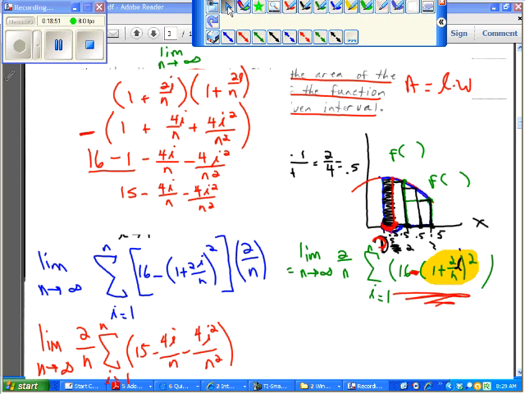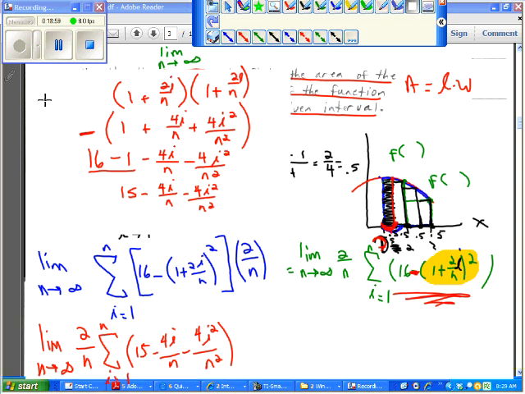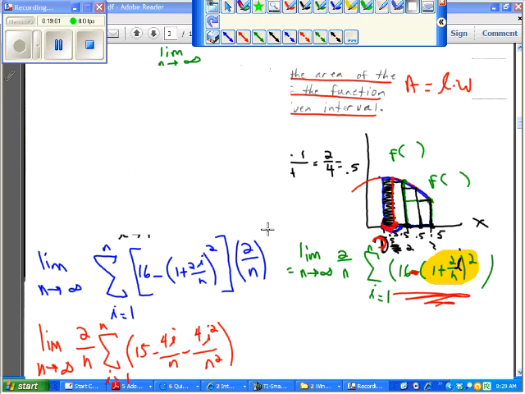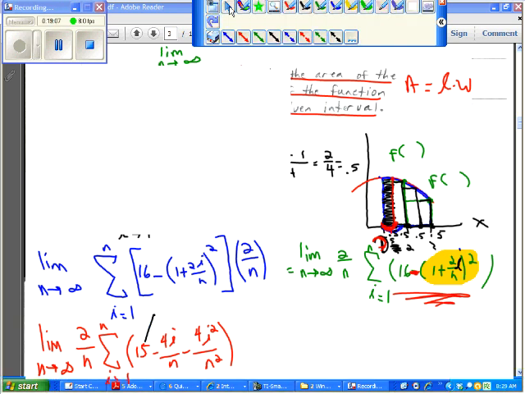Any questions on that? Okay, I'm going to remove the work at the top so I'll have another place to write. Okay, so remember that the summation of a sum or difference is the sum or difference of the summations, right?